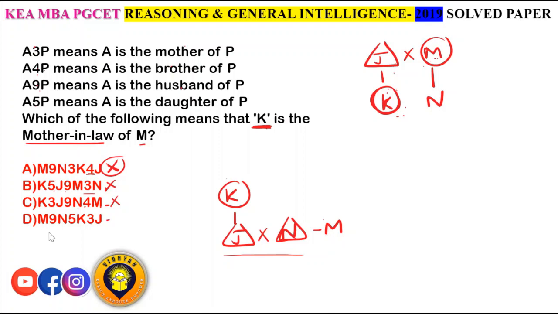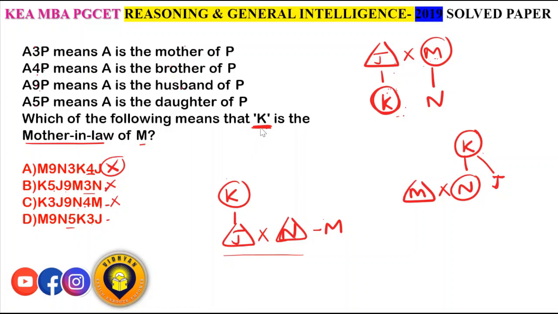But if you look at option D, which is the only one left, let us see. M9N, M is the husband of N. Then N5K, 5 is daughter, N is the daughter of K. K3J, 3 is mother, K is the mother of J. So K has two children, N and J, and J and N are siblings.